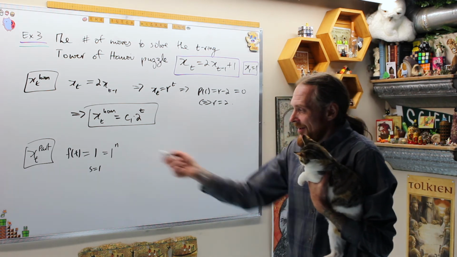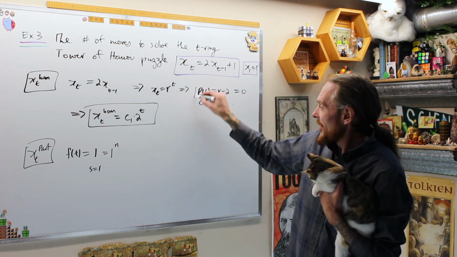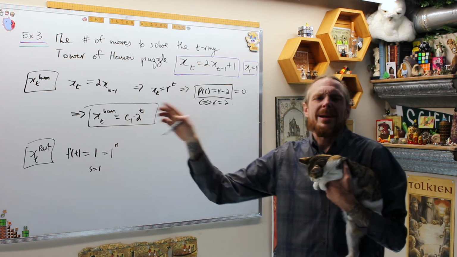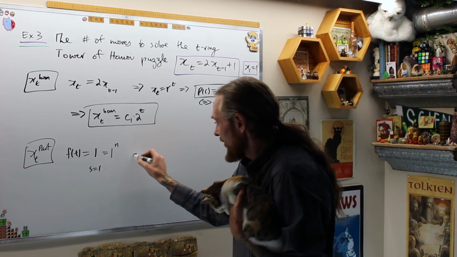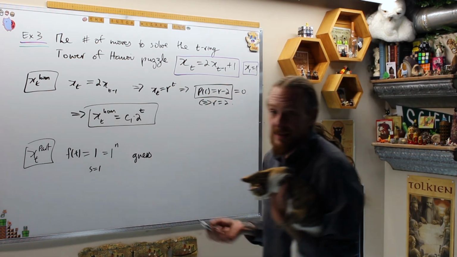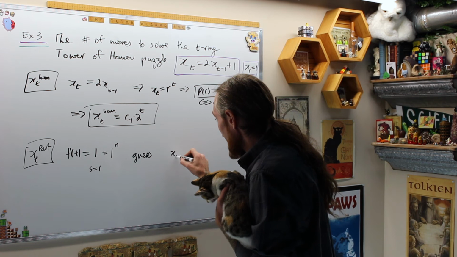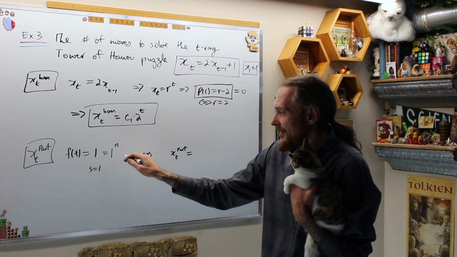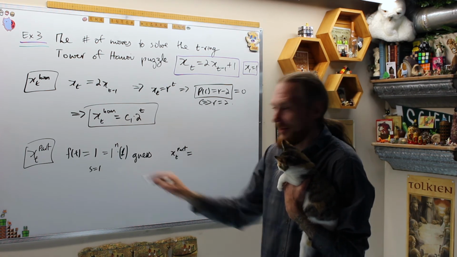Pay attention. What this tells us is, I look at my characteristic polynomial, s equals 1, I'm trying to make a guess. s equals 1 is not a root of this characteristic polynomial. To make our guess, therefore, we have part 1 of the theorem, which tells us that our guess is going to be x_t particular equals 1 to the n times a degree 0 polynomial, the number 1.